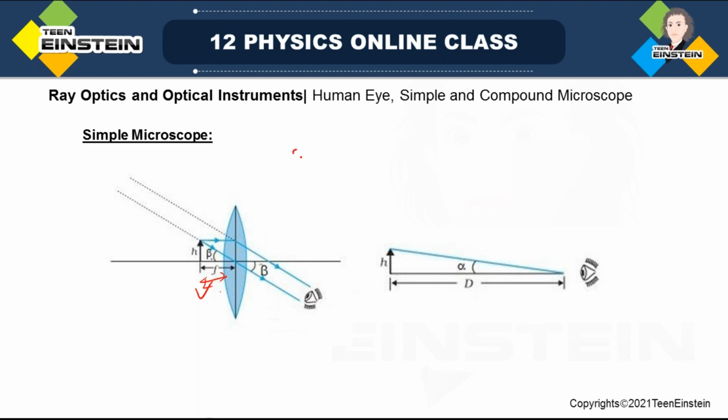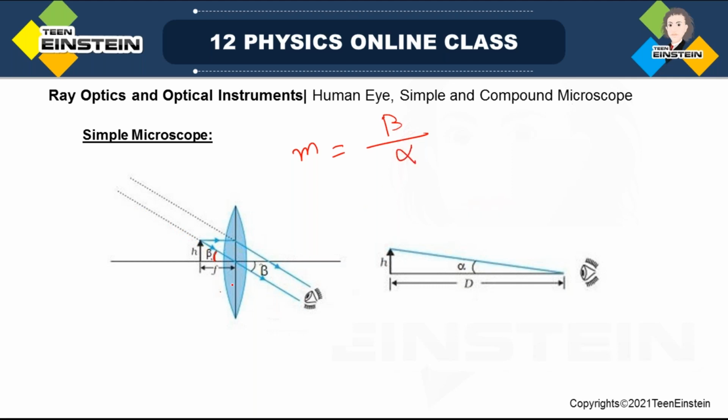Look, magnification as we have defined already is the angle subtended by the image. The image is actually subtending an angle at the lens here. These are the rays of the image, and this is the angle beta, which is created by the image.